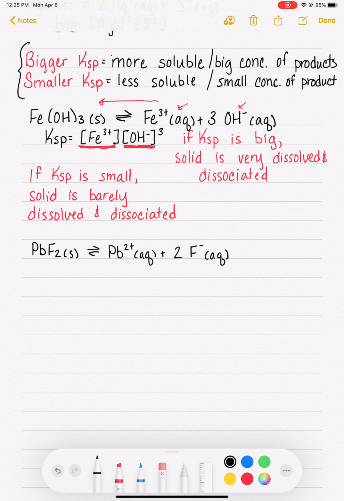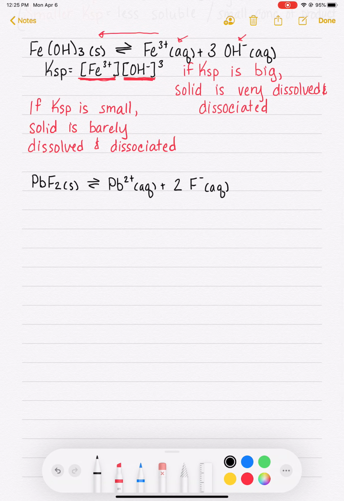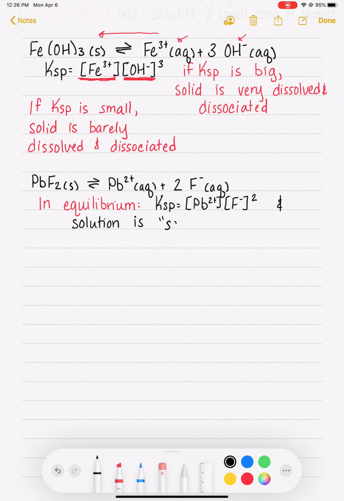For this particular reaction, and for all of these solubility reactions, when we are in equilibrium, we will say KSP is equal to Pb2+ and F- squared. And we will also say the solution is saturated.